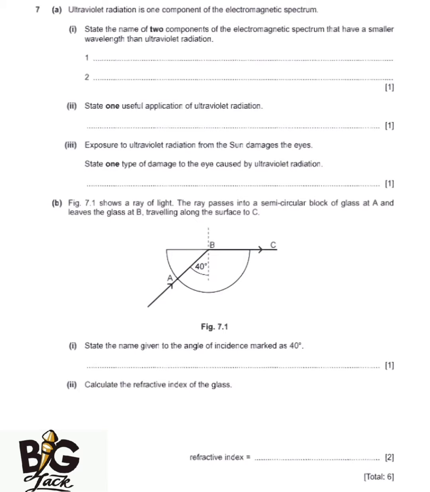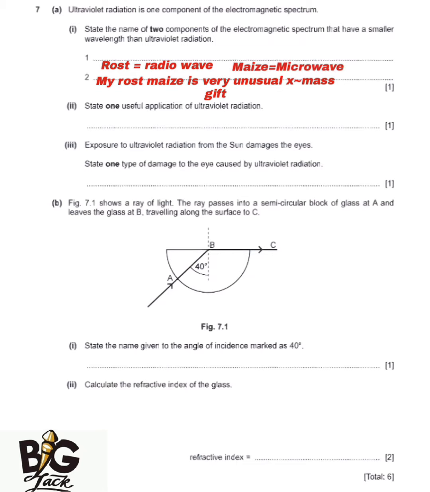Okay, so I'm going to give you a mnemonic, which is: My Roast Means Is Very Unusual, X-mas Gift. Where Roast is radio wave, then M is microwave. Then as for I, it is infrared.